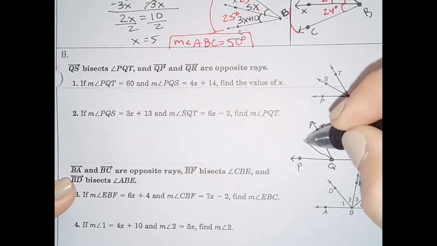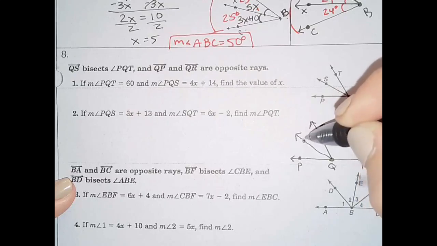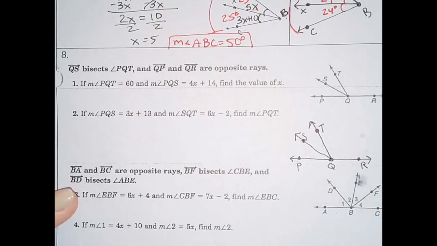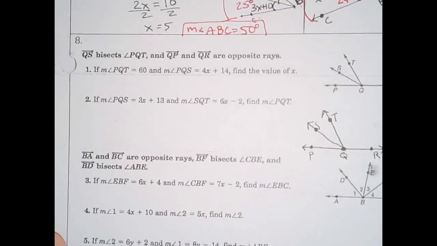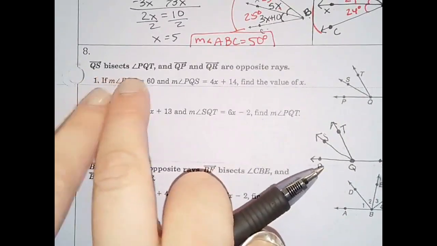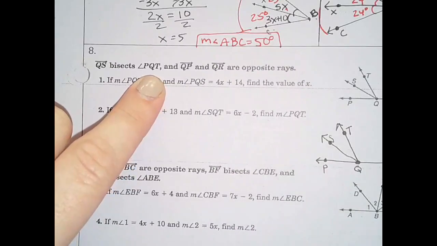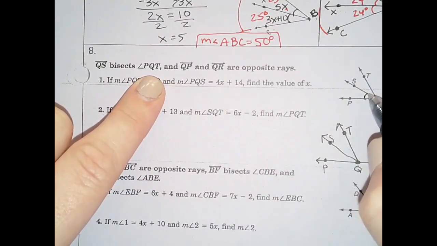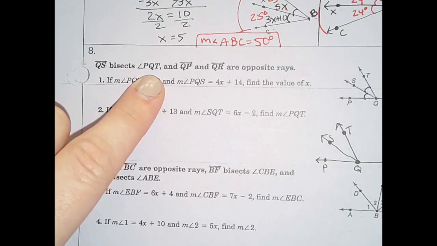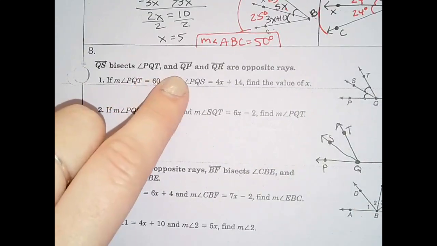Okay, so it says here, ray QS bisects angle PQT. Well, that tells me that this angle and this angle are congruent. Then it says ray QP and ray QR are opposite rays. That means they form a straight line.